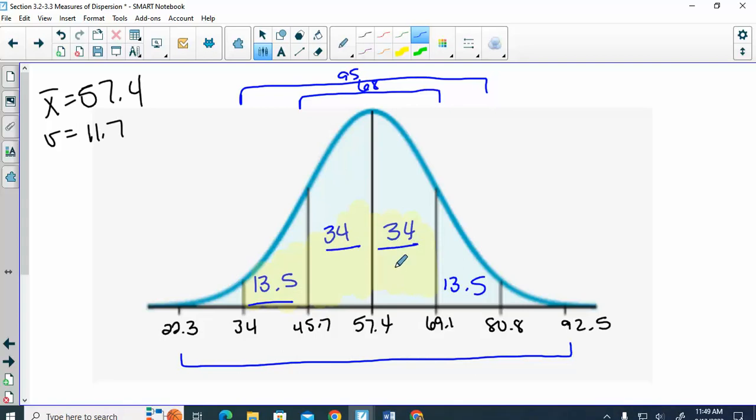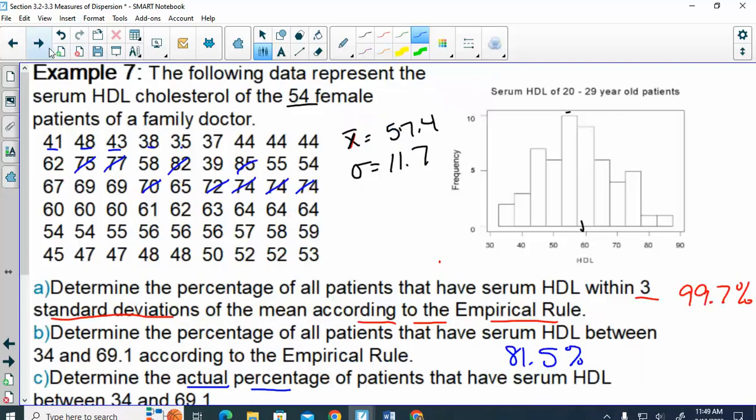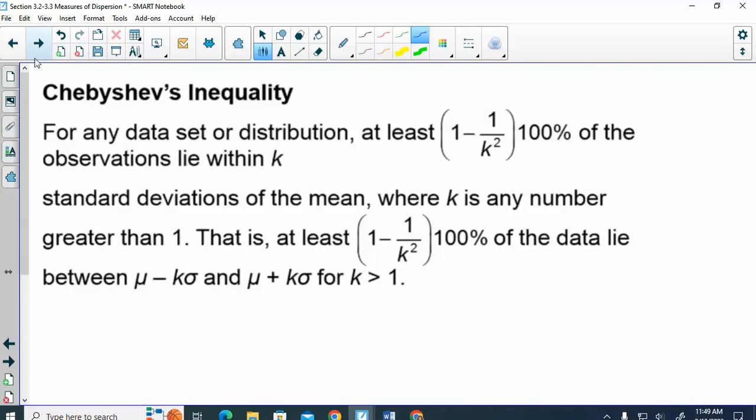Other questions? If we don't have bell-shaped data, the best we can do is Chebyshev's theorem. So this is Chebyshev's. It's 1 minus 1 over k squared %. So for instance, if I said how much would be within 1 standard deviation, your k is the number of standard deviations.